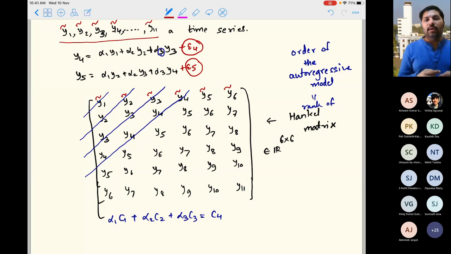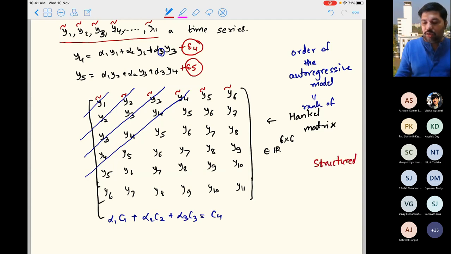So you will be able to decipher the autoregressive relationship, and not only that, you will be able to get the denoised time series observations from this low rank approximation. But the low rank approximation that you will require will be a structured low rank approximation.